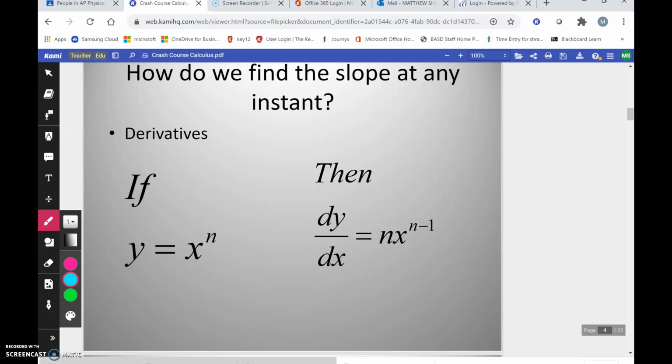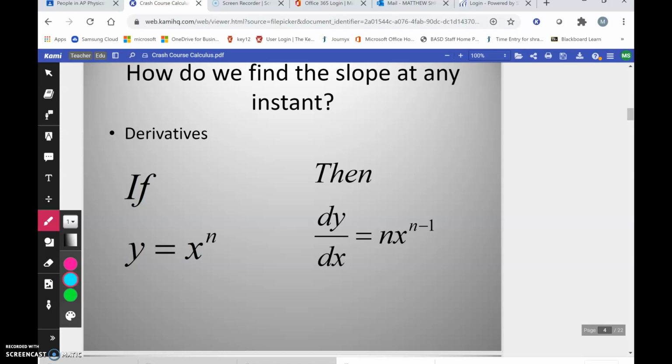So this will automatically give you the slope of a graph, and then it's up to you to determine what that slope represents. On a position versus time graph, that slope will represent velocity. On a velocity versus time graph, that slope will represent acceleration. But let's take a look at the math of it right now.